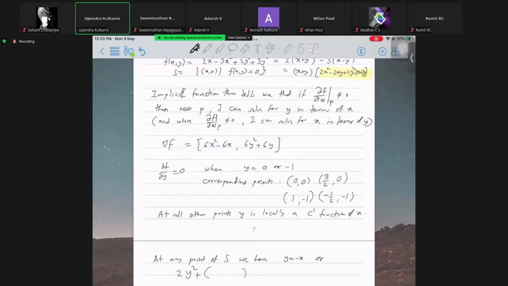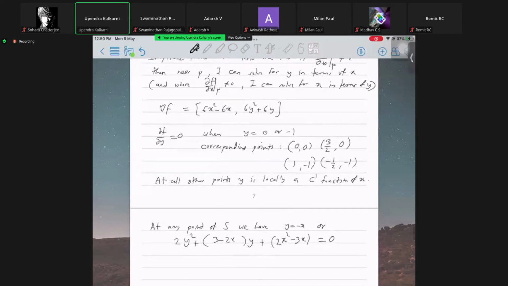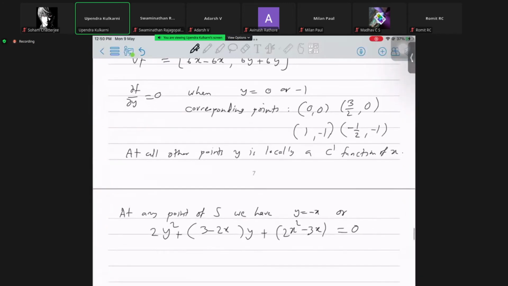So what times y? 3 minus 2x times y. And then what do I get? Plus 2x square minus 3x. I hope I got that right.